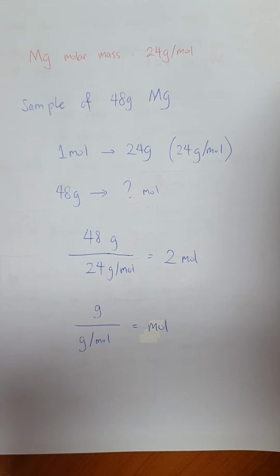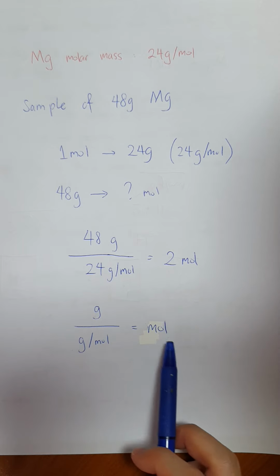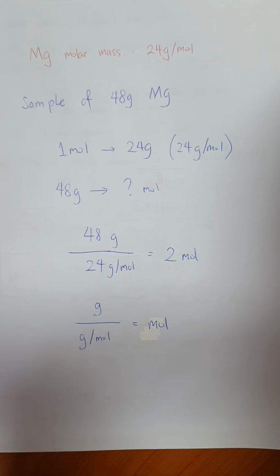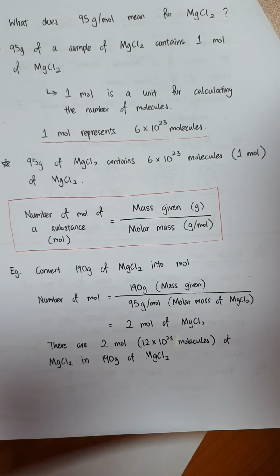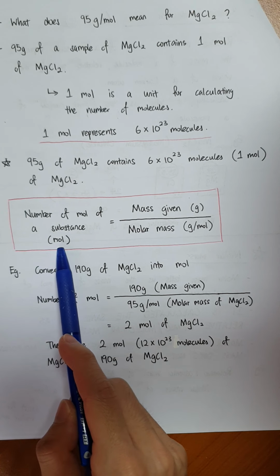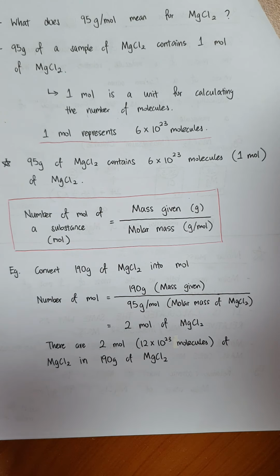So if you look at the units that are shown above, it is basically mass over molar mass giving you a certain mole. So that's where we have our formula: number of moles equals mass over molar mass. So that is our first equation.